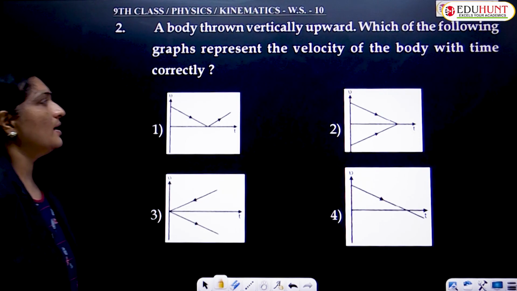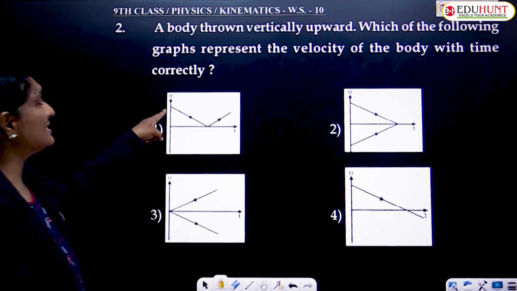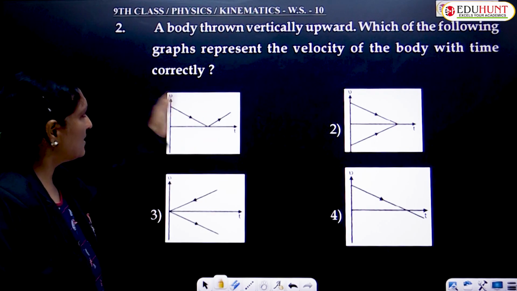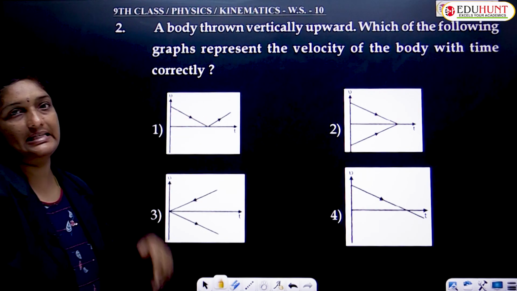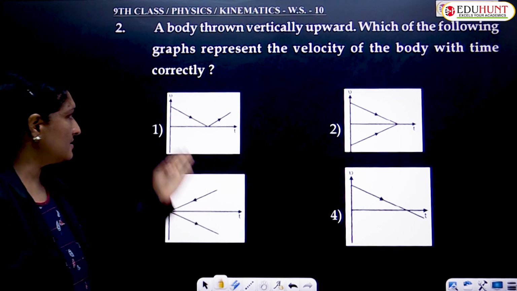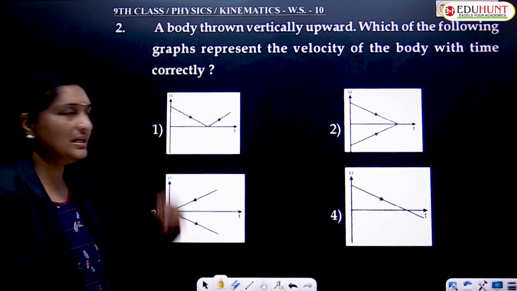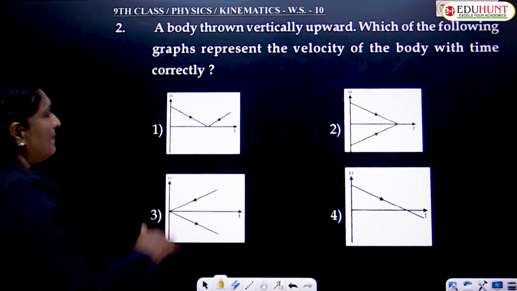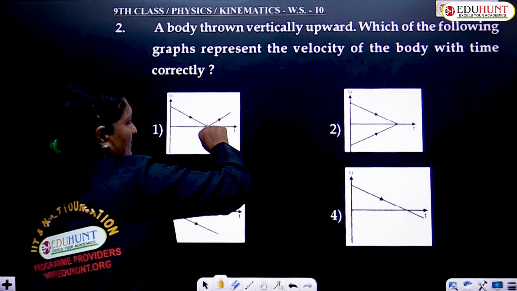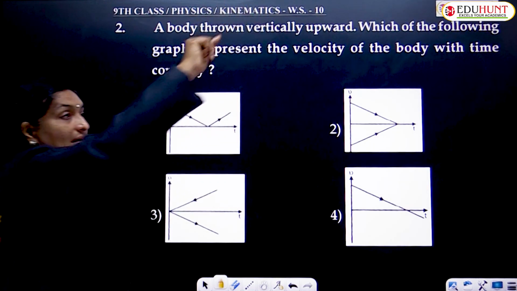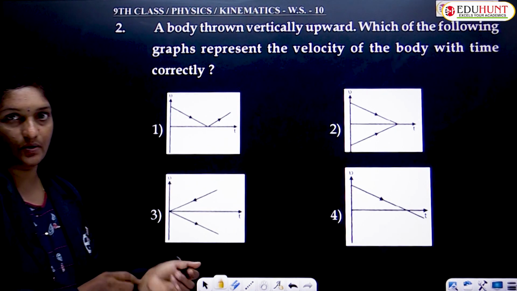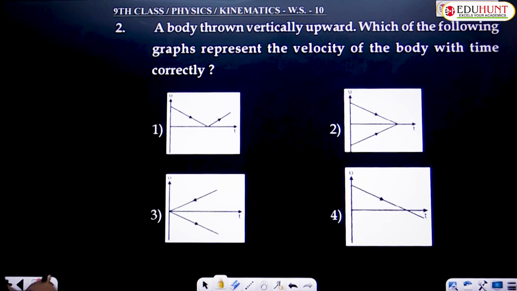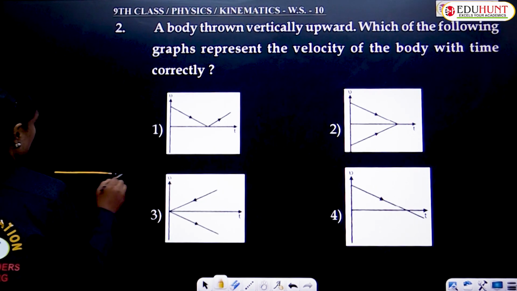Now let us try to understand the graphs properly. In this case, we observe that as time increases, the velocity decreases. Initially the velocity decreases, and later on, as time increases, after reaching a certain height, the velocity again starts increasing. You people generally get confused by plotting a graph like this.